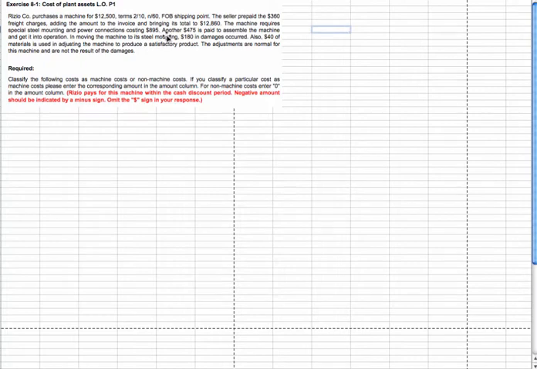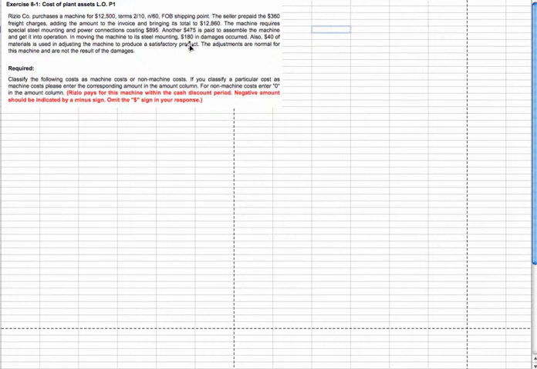Now it says that another $475 is paid to assemble the machine and getting it into operation. The key thing here is that because of the assembly, it's getting it into its usable condition or into operations, so we also want to include the $475. Unfortunately here it says in moving the machine to its steel mounting, they incur damages of $180.